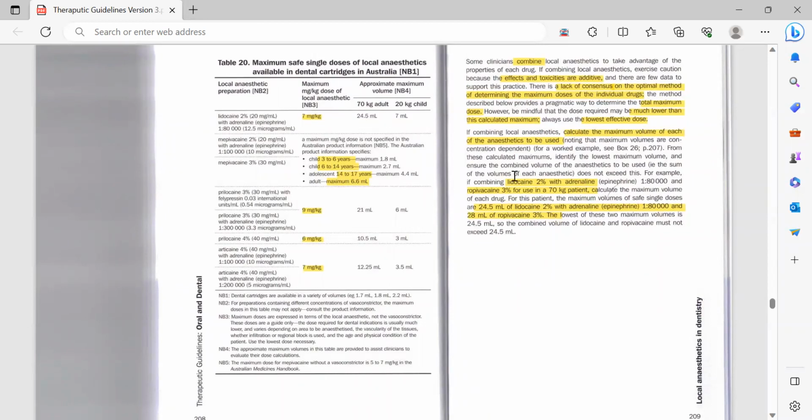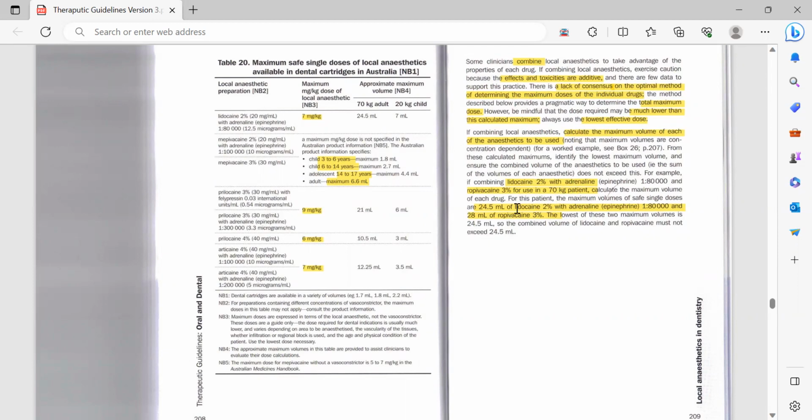Okay, and there is one more thing here, which is that sometimes we give the patient mixed LA. For example, first we have given lidocaine, and then the patient is not really numb, so we need to repeat the injection, and we are using some other type of LA. So always inject the maximum safe dose which is the lower in number.